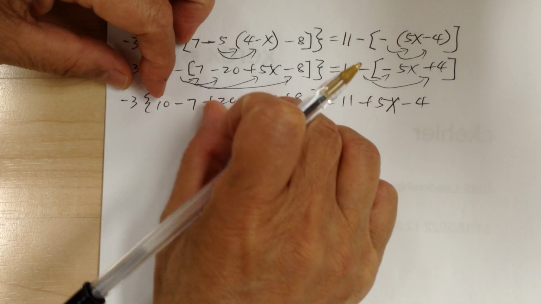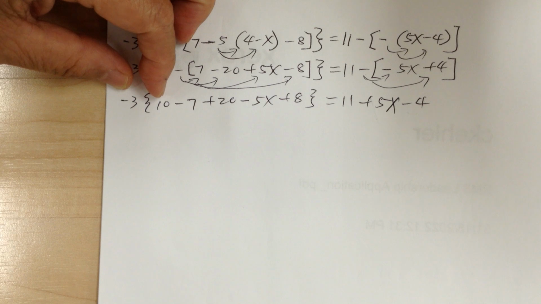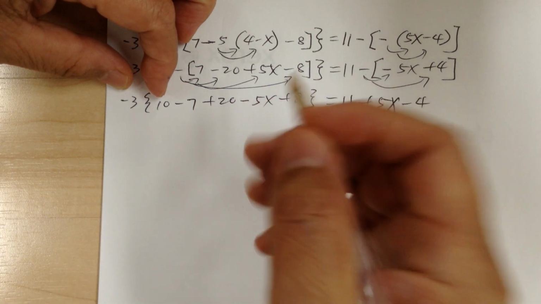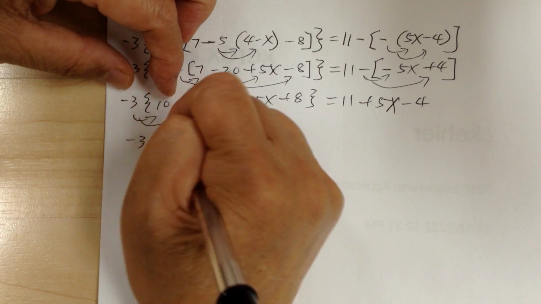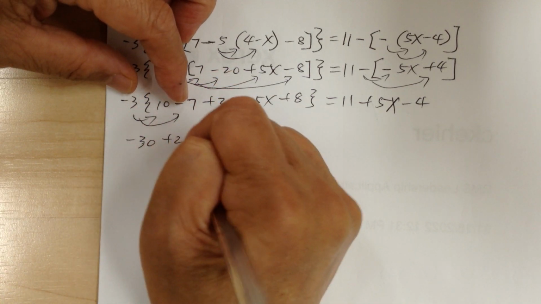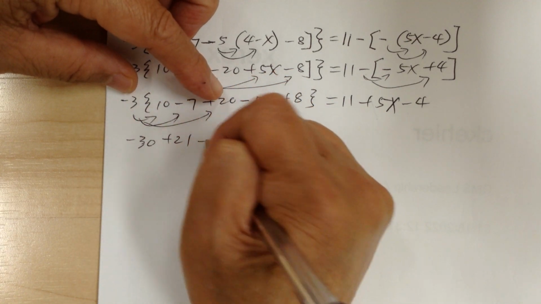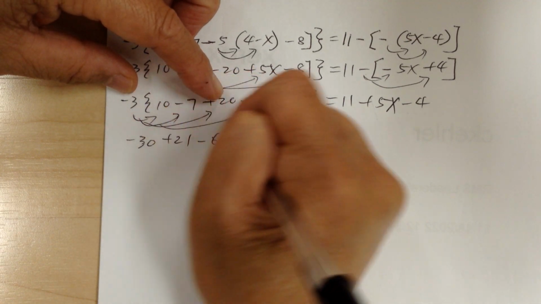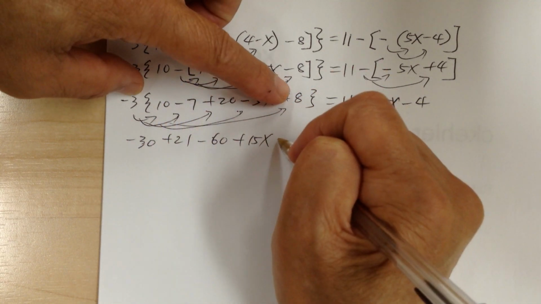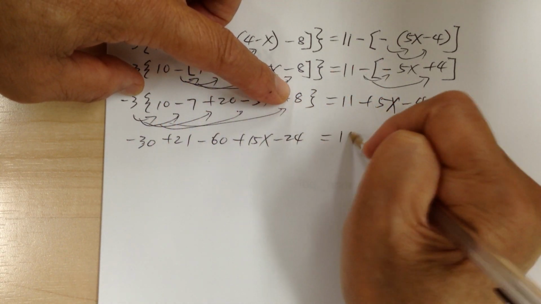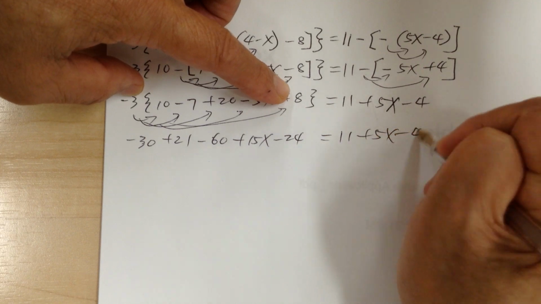You can simplify first, or you can distribute, it doesn't matter. Most people probably find it easier to just distribute. So minus 30 plus 21 minus 60 plus 15x minus 24 equal to 11 plus 5x minus 4.